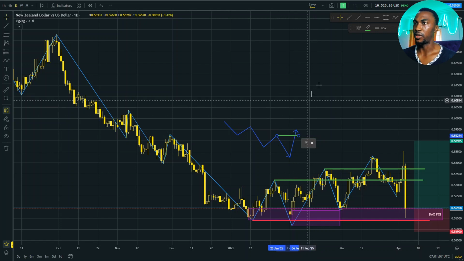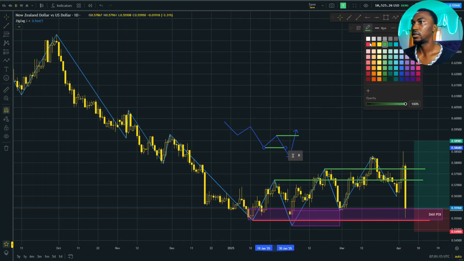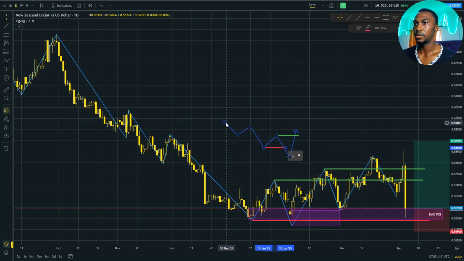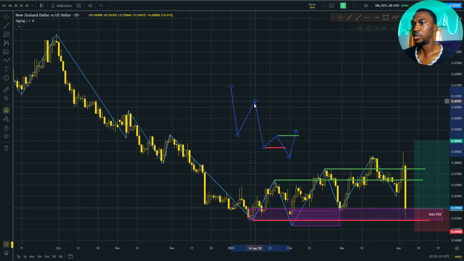So if price goes above here, it's a buy. If price goes below the low, it's a sell. So price did this. So this is a low, this is a high. I think I should extend this, make it more visually appealing by making it more elongated.